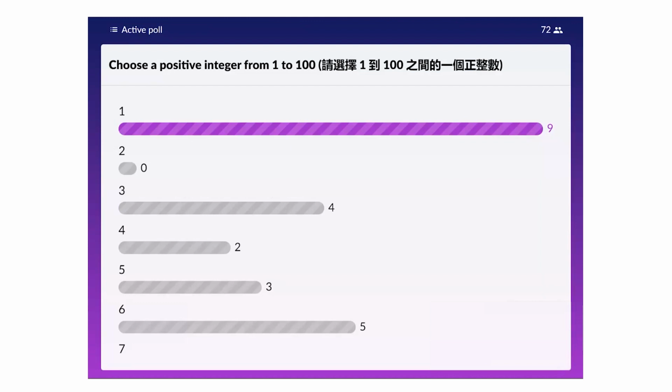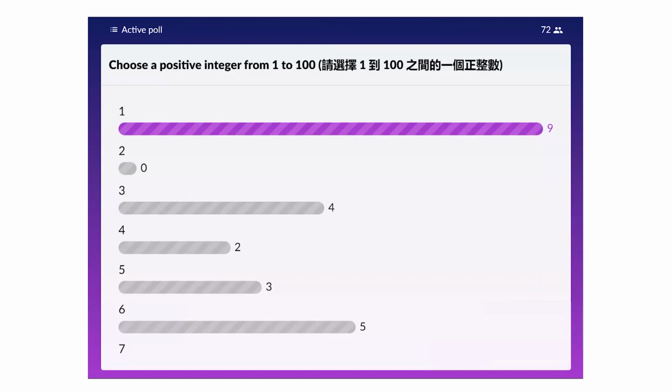And it's even more challenging for the 9 people who picked 1. Should you choose a different number? That's the problem. If you all leave and change, then the last person who does not leave will actually win. But if 2 or more of you stay and insist on choosing 1, then all of you will lose.